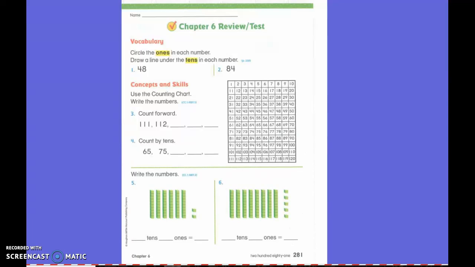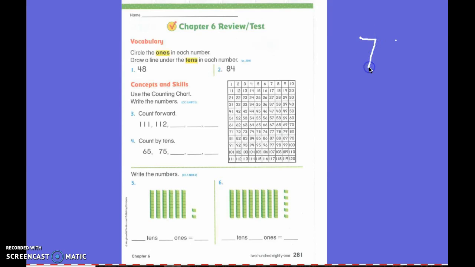Okay, today we're going to do our practice test because we have a math test tomorrow. There are a couple of things that we need to remember, and we talked the entire chapter about place value.